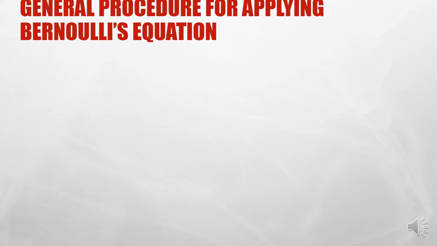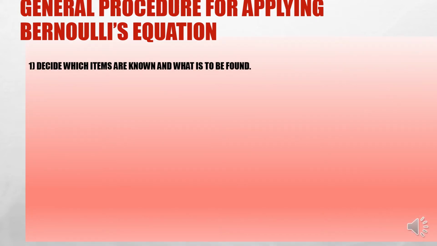Here I will list down the general procedure you need to follow if you want to apply Bernoulli's equation in a flow system. The first step is to decide which items are known and which need to be found.